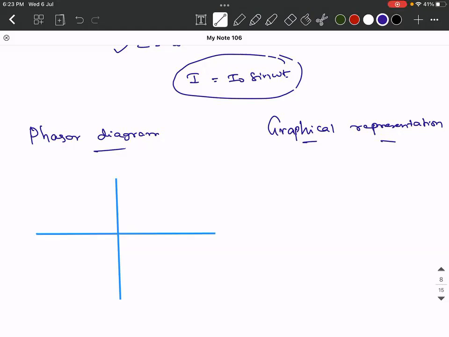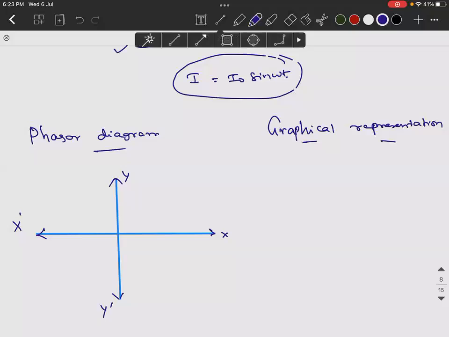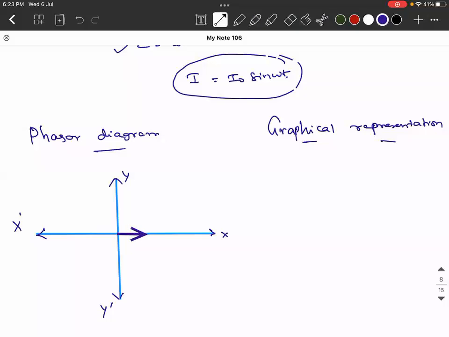Phasor diagram is just x-axis and y-axis, where you take the rotating vectors x dash and y dash. Suppose this is the phasor for EMF, then EMF has got rotated through an angle of omega into t.